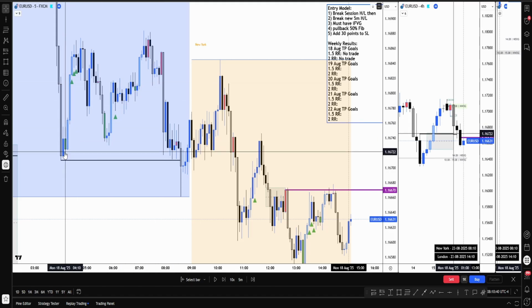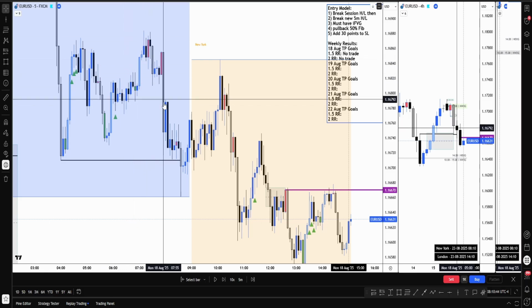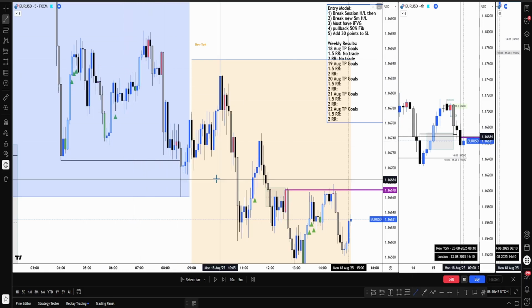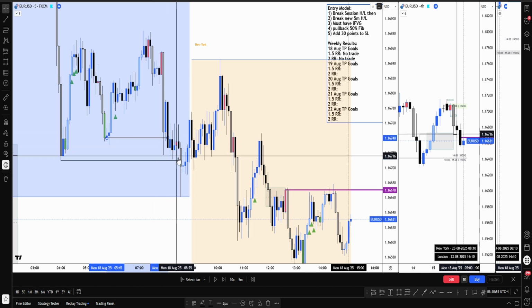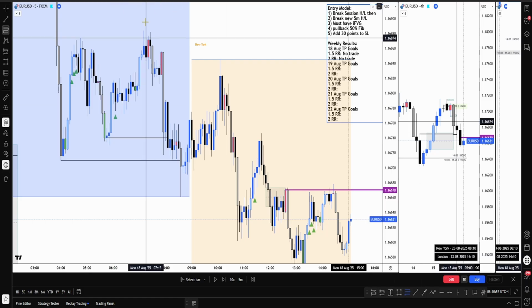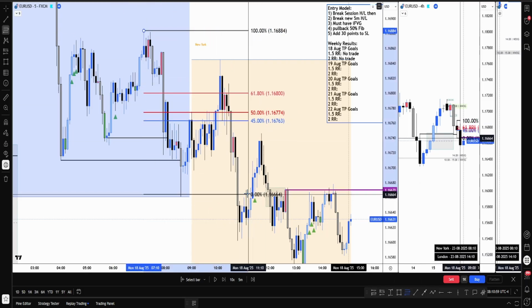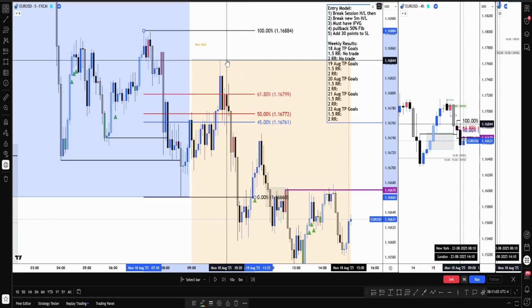I mean, if you take your eyes and you just follow, what did price do? Close below here, right? Went down at least. We had at least a 50%. So, you see 61.8% per pullback.